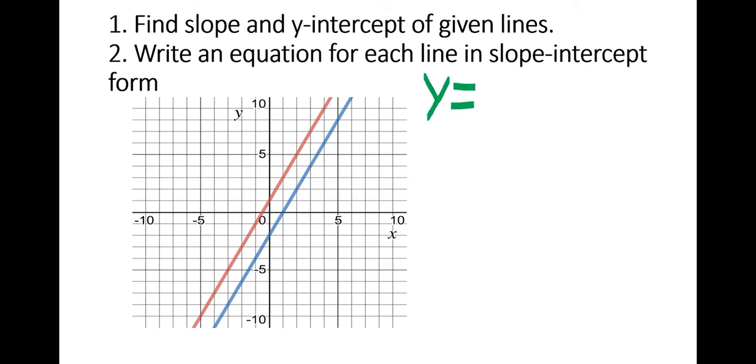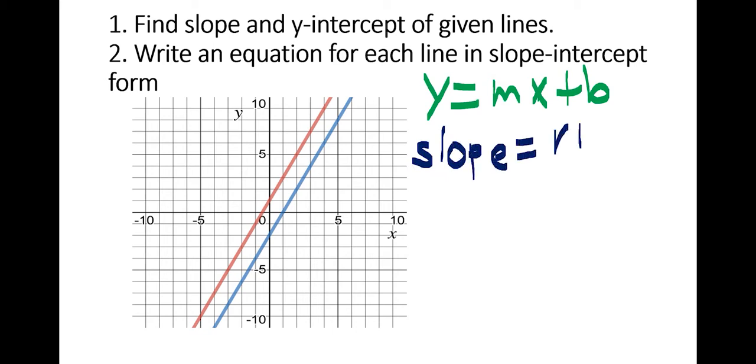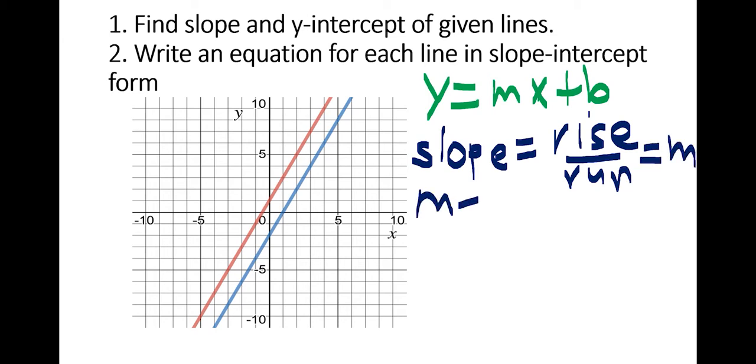Slope-intercept form is y equals mx plus b. Slope equals rise over run, which is m in the equation, also known as change in y over change in x.